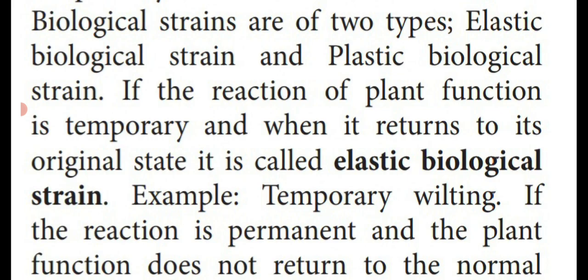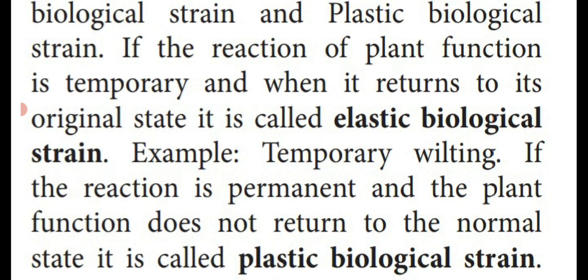Sometimes the reaction of a plant function is permanent and the function of the plant does not come back to the original position. This is called plastic biological strain. Dear students, 3-mark question: differentiate between elastic and plastic biological strain. Elastic means they retain their original function.